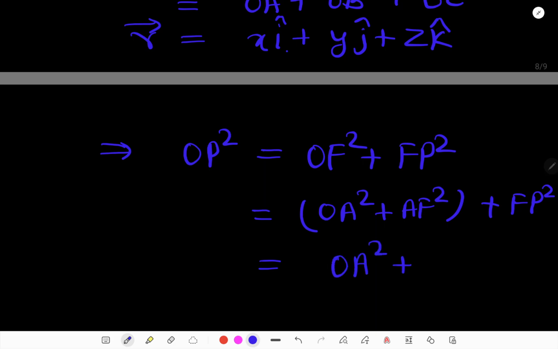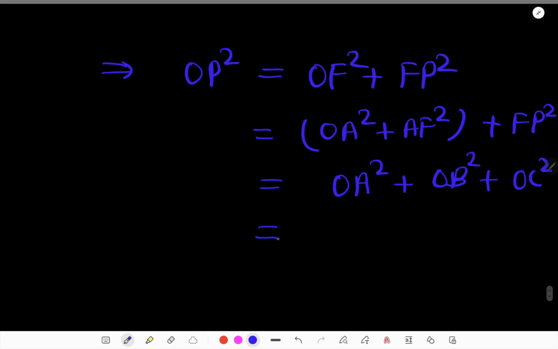As we know that AF is equal to OB vector, so we can write in place of AF square OB square, and similarly for FP square we can write OC square. As we know the values of OA, OB and OC, so we can write x square plus y square plus z square.